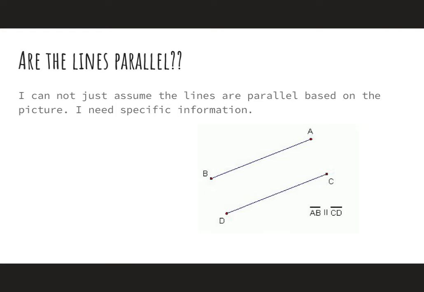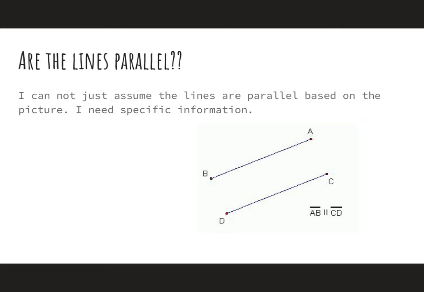So a very important thing in geometry is when we are given a picture or a diagram, we cannot just assume certain pieces of information. We have to be actually told the information, or we have to have some notation or some type of drawing to say, hey, yeah, this is true. So for example, in the image below, we have line AB and line CD.